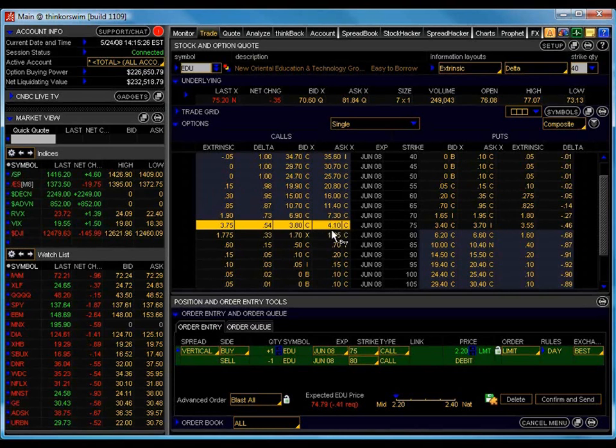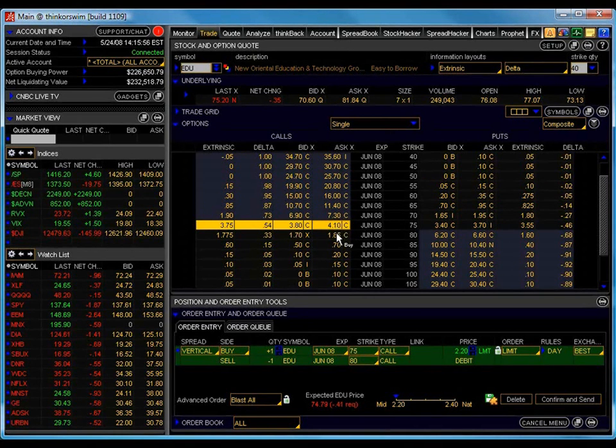And this went to expiration, which is the third week in June. Why would this option have any value at all to you? Because you could buy it at $75, but the price of the stock is $75. There's no benefit to you of owning this option if the stock is at $75.